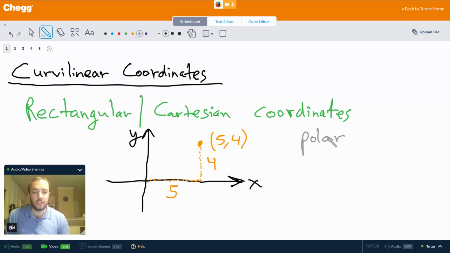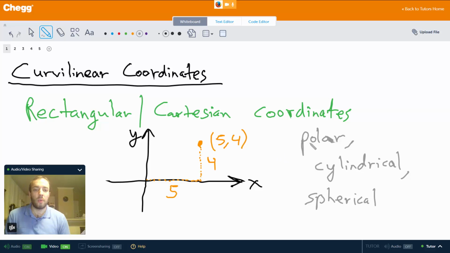Polar coordinates are another way of expressing a point in the xy plane. We could also have cylindrical coordinates. And cylindrical coordinates are a three-dimensional generalization of polar coordinates. And spherical coordinates, we could also have those. Spherical coordinates are also three-dimensional, which is not surprising given that a sphere itself is three-dimensional.